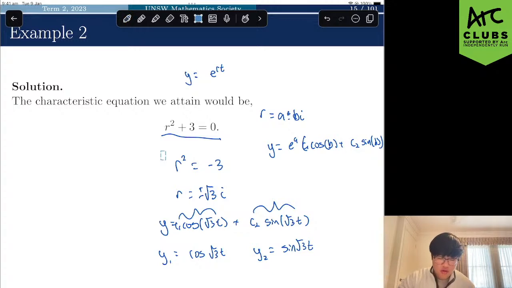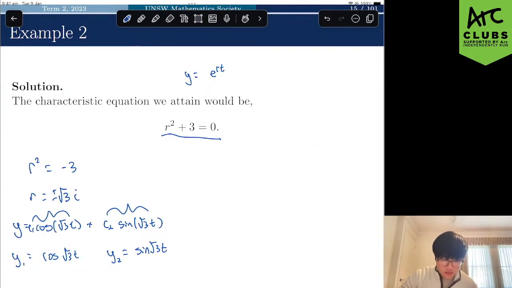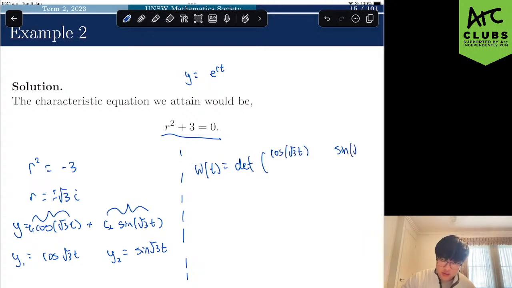Now we just need to compute the Wronskian. The Wronskian is the determinant of cosine root 3t, sine root 3t. And then you take the derivative on the next level down. So the derivative of the cosine is minus root 3 sine root 3t. The derivative of the sine is root 3 cosine root 3t.